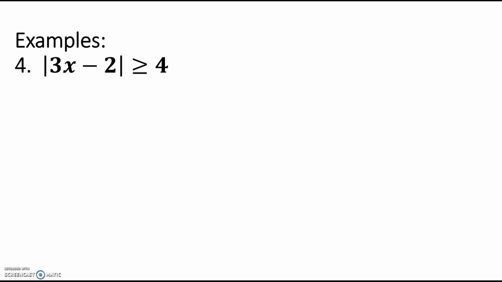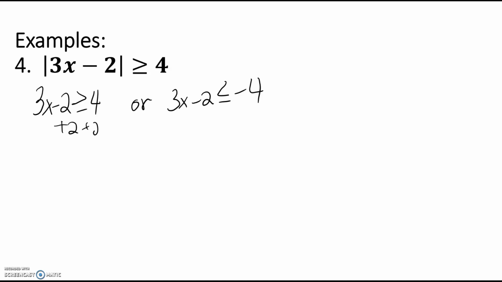Our example says the absolute value of 3x minus 2 is greater than or equal to 4. So our two inequalities look like 3x minus 2 is greater than or equal to 4, or 3x minus 2 is less than or equal to negative 4. Now we need to solve. I'm going to add 2 to both sides.